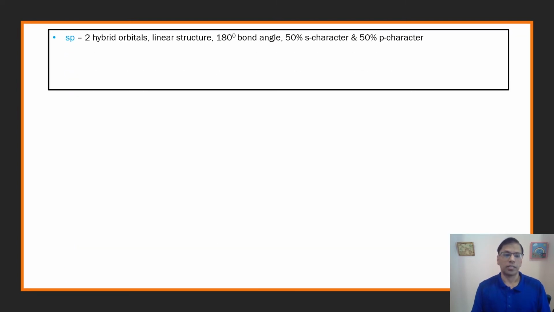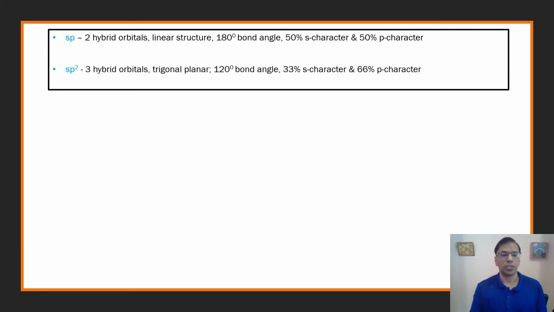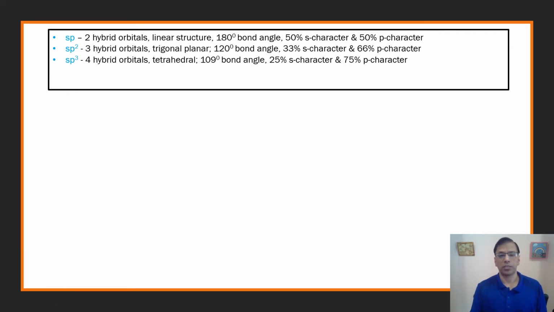So just to summarize the sp, sp2, and sp3 hybrid orbitals, in terms of geometry, number of orbitals, s character, p character, as well as bond angle, it's good to memorize these facts so that you can solve the problems later on.